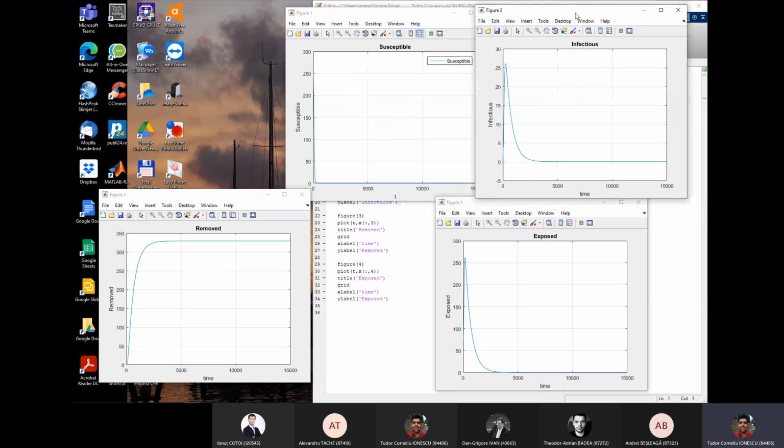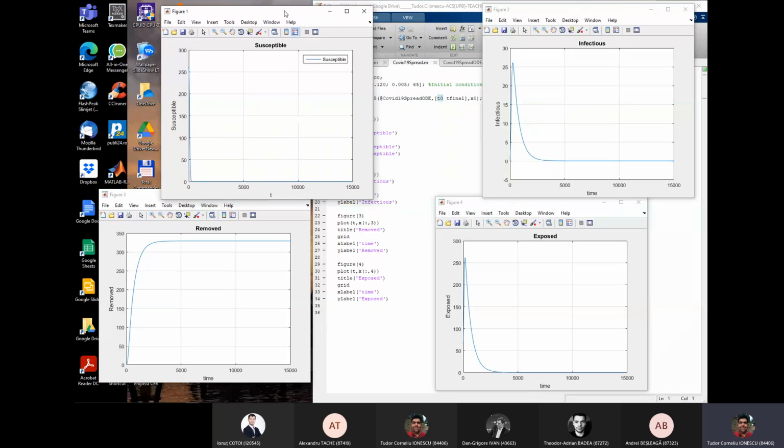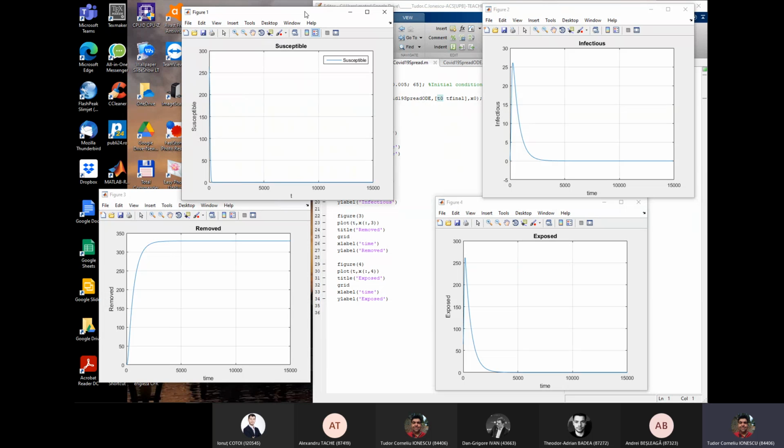So this is a COVID spreading model without any control whatsoever. Essentially, the equilibrium is like this: everyone is dead, no one is any longer exposed, no one is any longer infected, no one is any longer susceptible. But removed is everyone, because this is the entire population here.